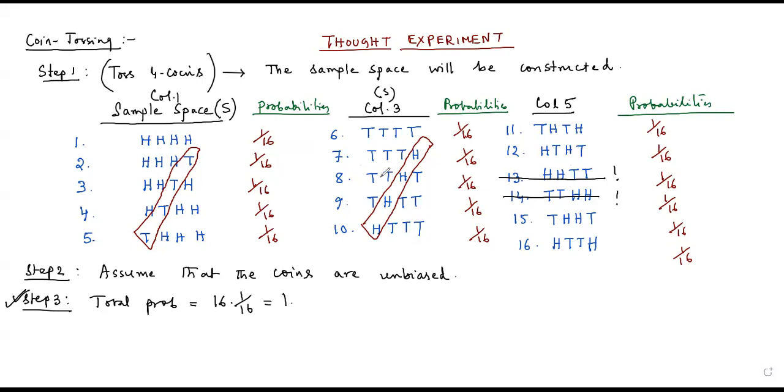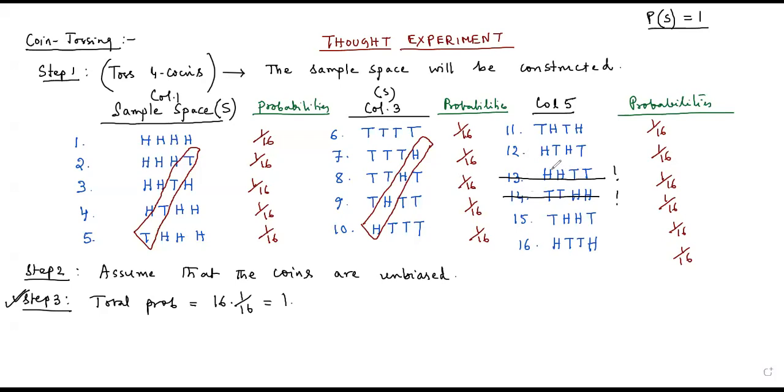And in that case, the total probability will be 14 by 16. But we know that the probability of the sample space P(S) must be equal to 1. And therefore, if I do not consider these outcomes 13, 14, I cannot say that I have got my sample space, because a sample space must contain all possible outcomes.